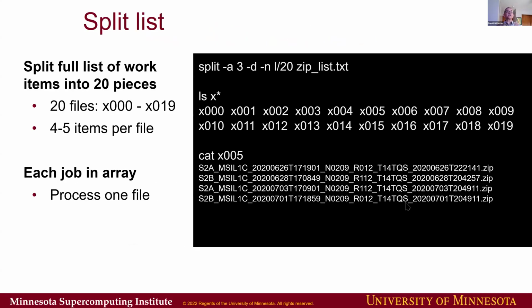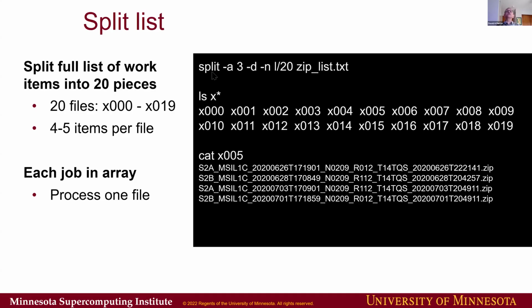Now, with 86 files to process, the way I decided to parallelize it in this very simple example, one of the simplest ways I could think of, was to take the full set of 86 files and split it into 20 pieces with either 4 or 5 lines in each, each line corresponding to one of these zip files that corresponds to one tile on one day.